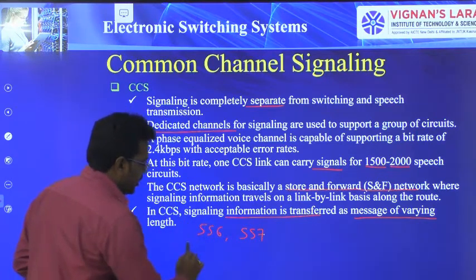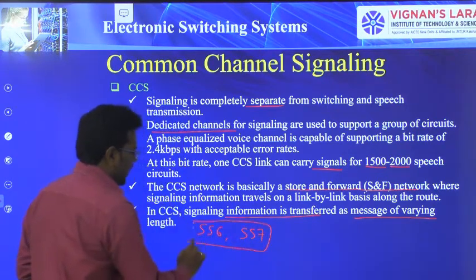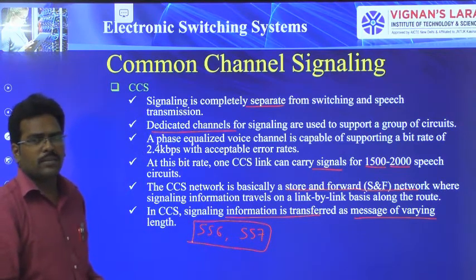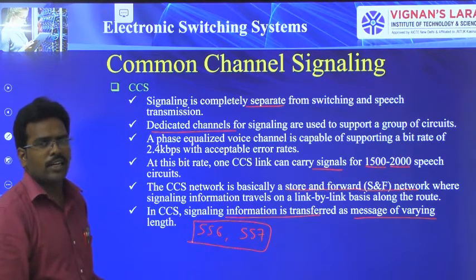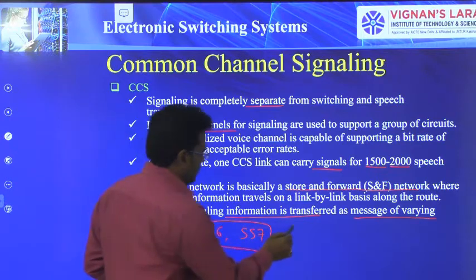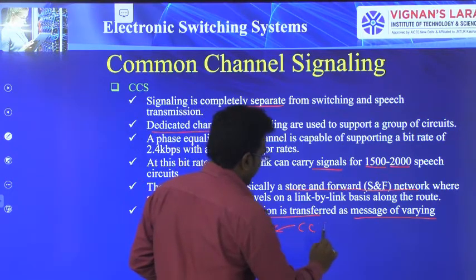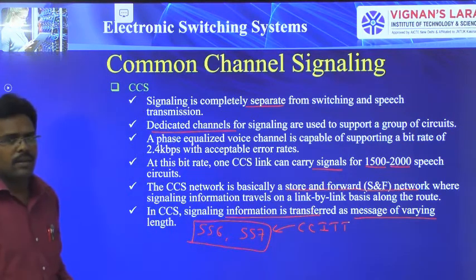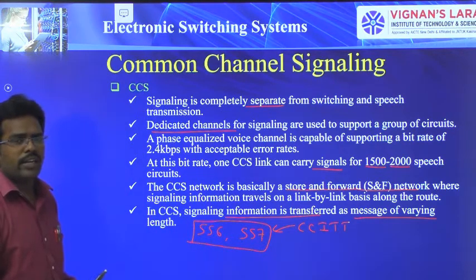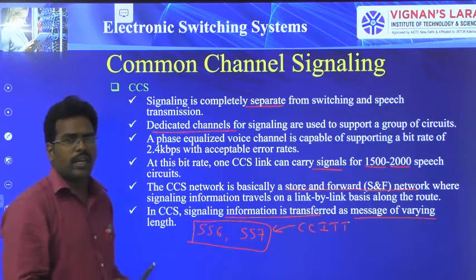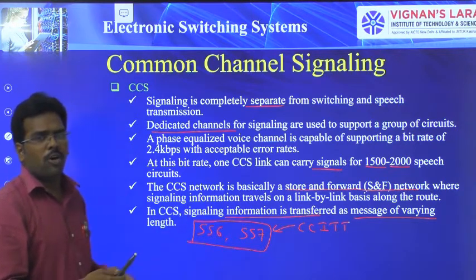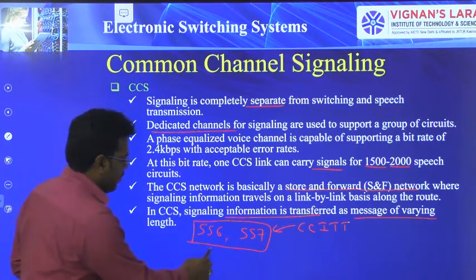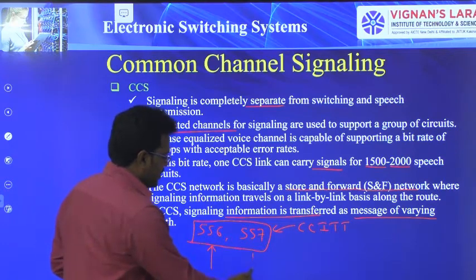These are the two different types of signaling systems for common channel signaling specified by CCITT. Like in in-channel we studied SS1 to SS5, here in common channel we will study SS6 and SS7.